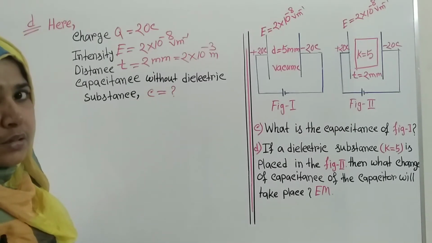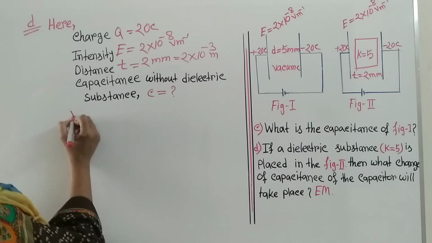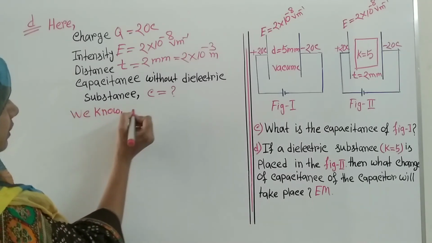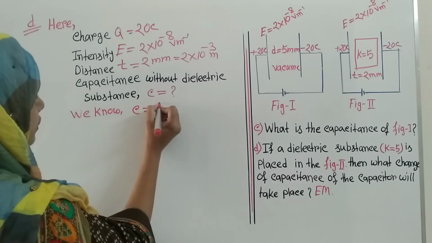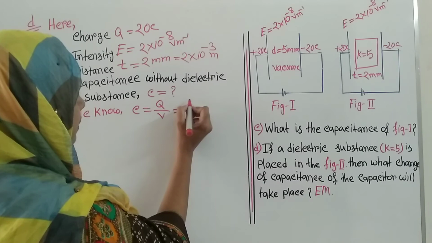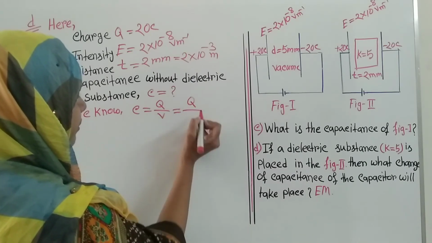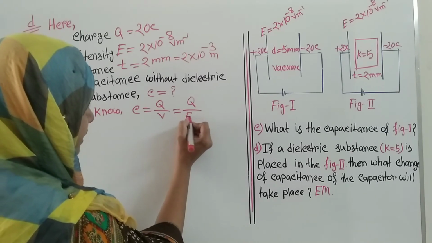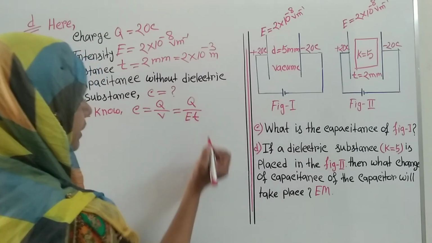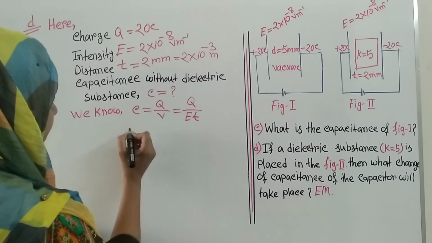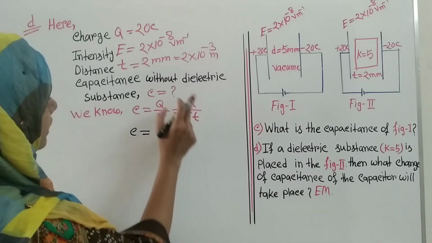Now students, we know that C is equal to Q divided by V, or Q divided by, you know that V is equal to ED, but here I am taking E into T as they denote distance by T. Now put the informations.